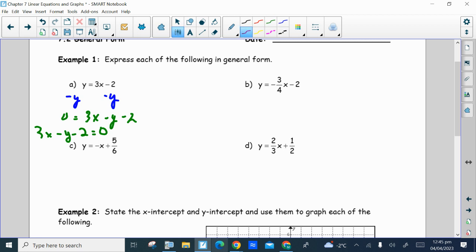Question B, we have a denominator. We have a fraction. We need to get rid of the denominator of 4, which we would do by multiplying all of the terms by 4. All of the terms get multiplied by 4.